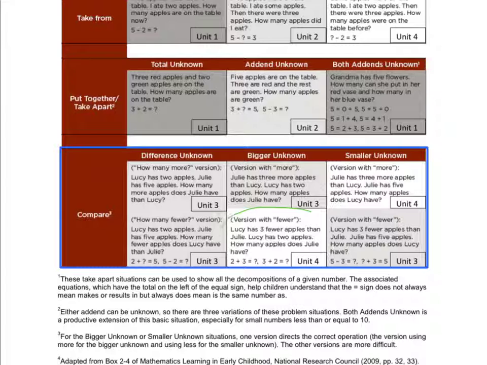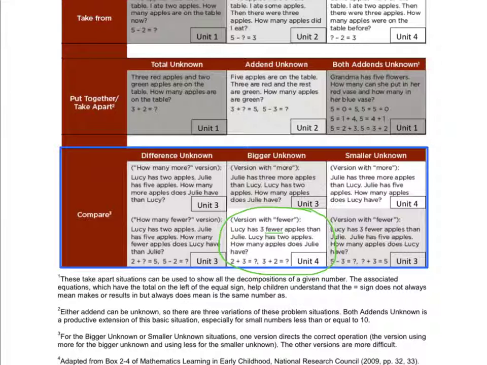This problem here, the version with fewer, is a difficult problem for students because it gives us the amount that Lucy has. Lucy has 3 fewer apples than Julie, and Lucy has 2 apples. Now it wants us to find out how many apples Julie has. The word fewer here triggers a desire to subtract.